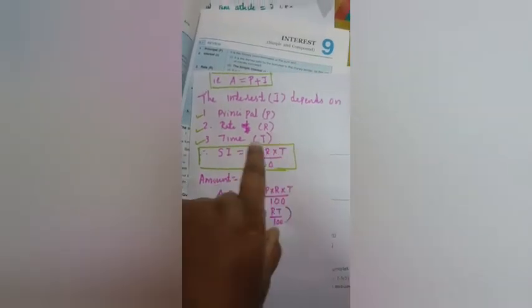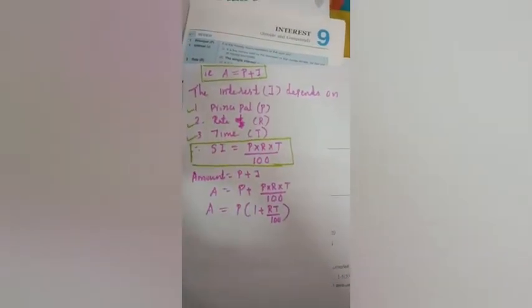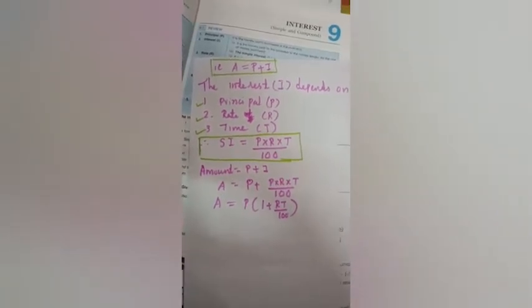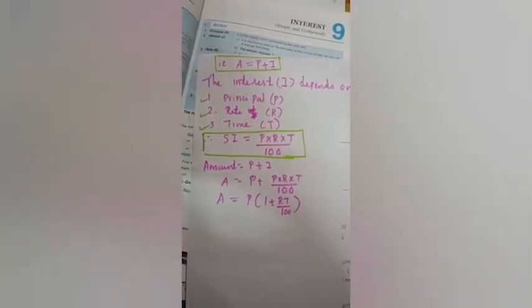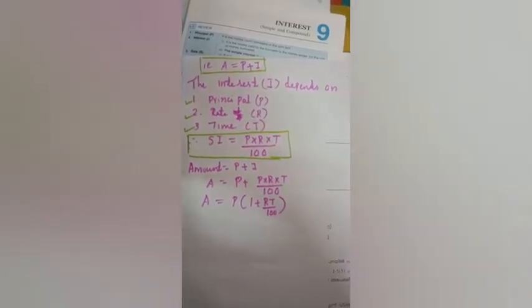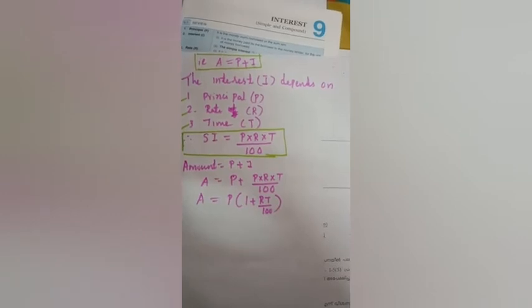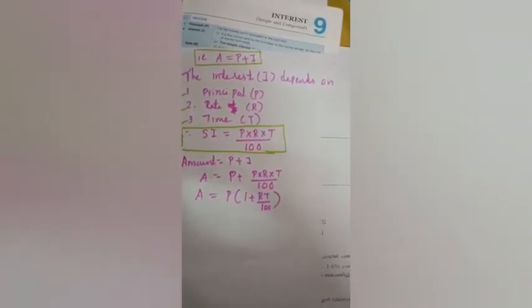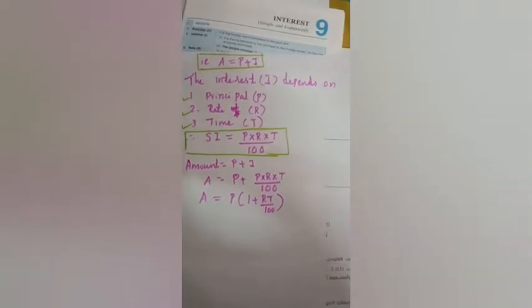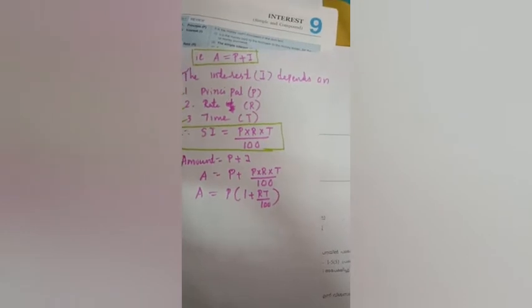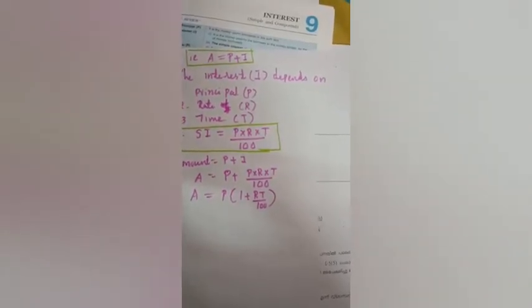Rate of interest is always a percentage, and percentage means out of 100. That's why it is PRT by 100. P means principal, R means rate of interest, T means time period.